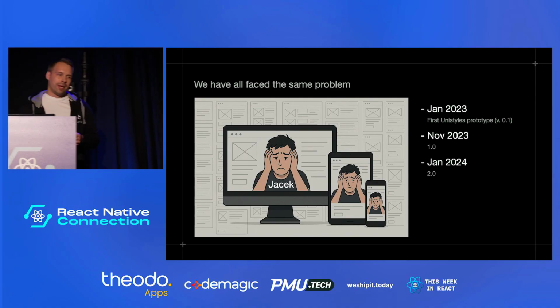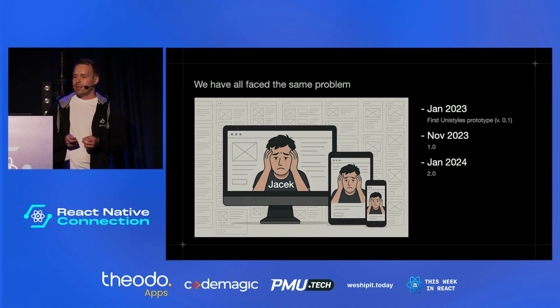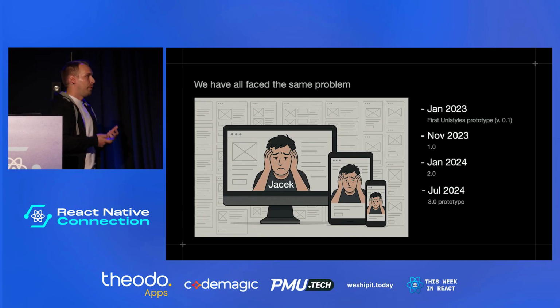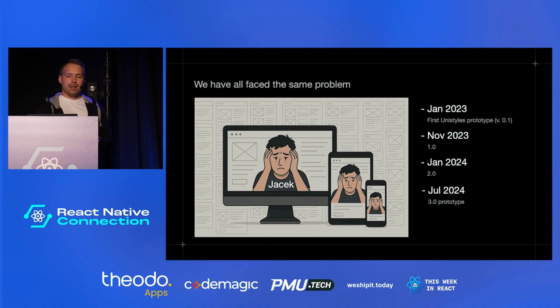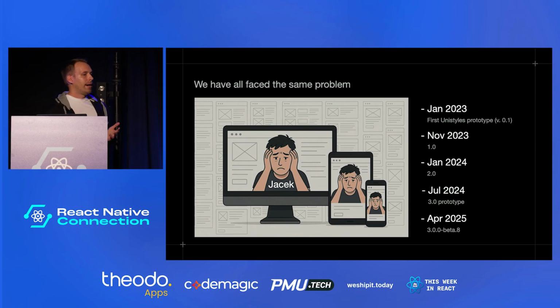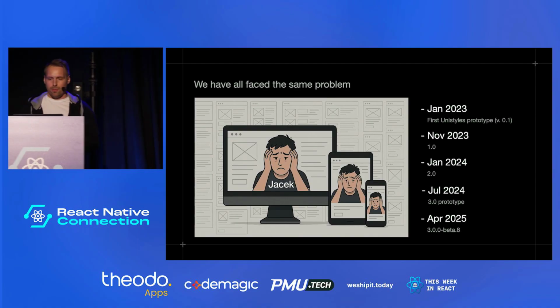Then I had to take a break because it was a lot of work. And last July, I started to prototype 3.0. This is the biggest update since version 0.1. And today, we are on beta 8. So we are not production ready, but it will change soon.